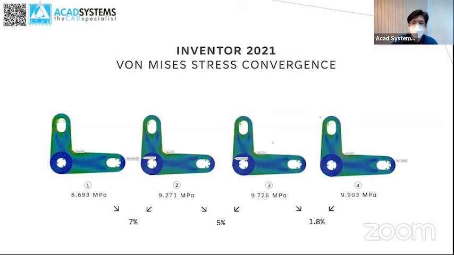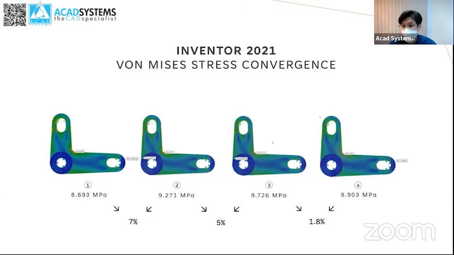What does this show you? This shows you the convergence of mesh. When you reduce your mesh sizing, it shows you a convergence of your result changes. Let's say, for example, I were to do analysis 5, and I reduce the mesh sizing to 0.125, but we assume that we only get a result of 9.91 megapascal.